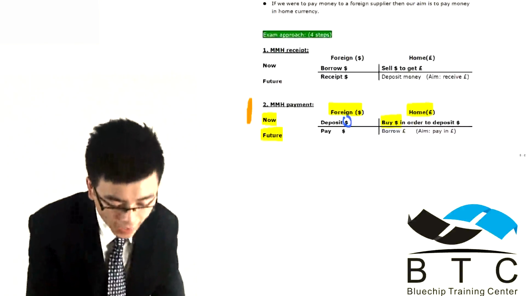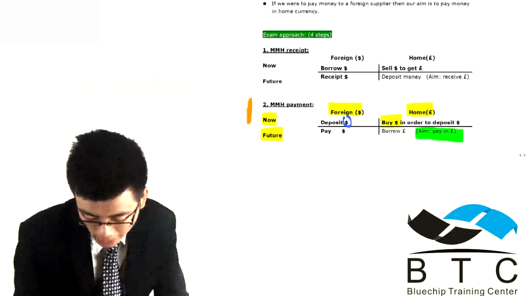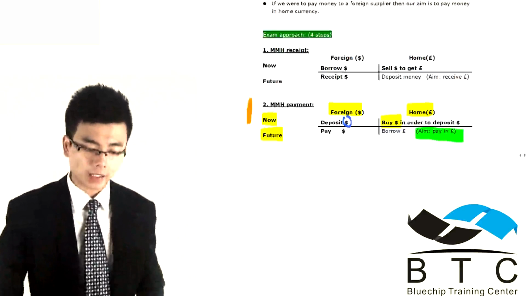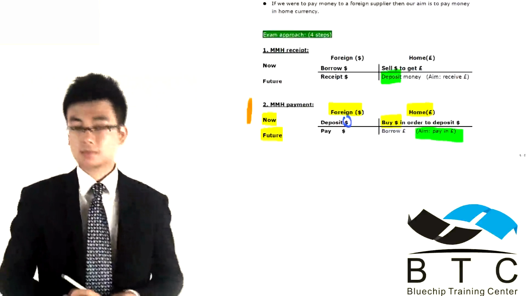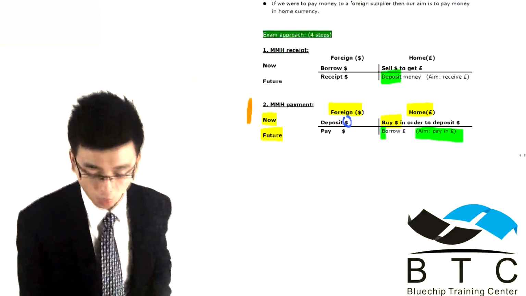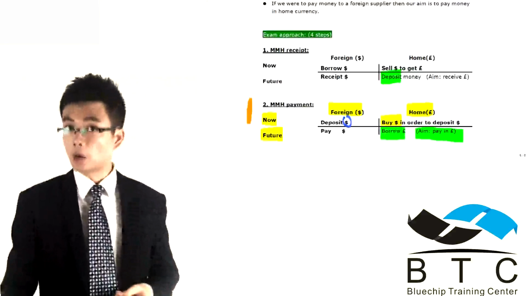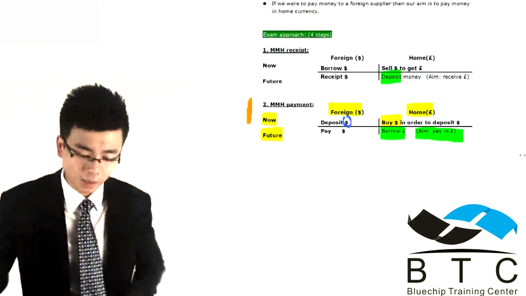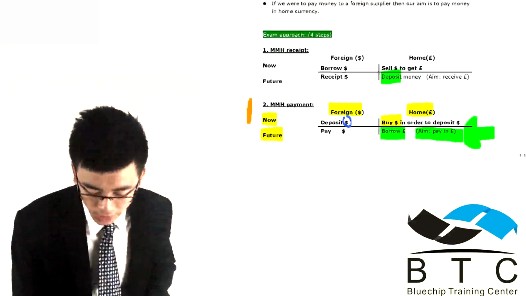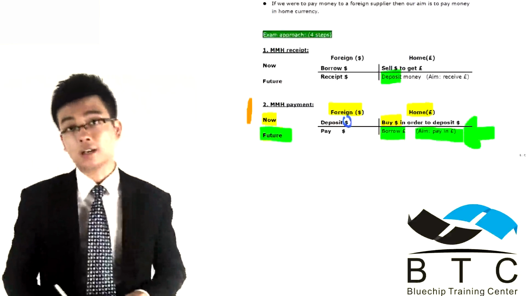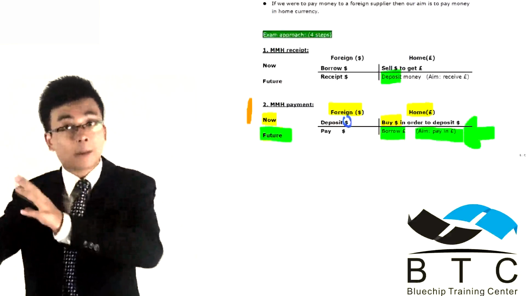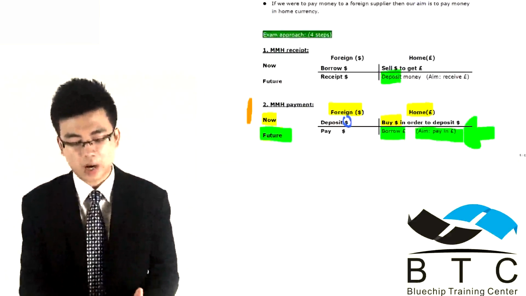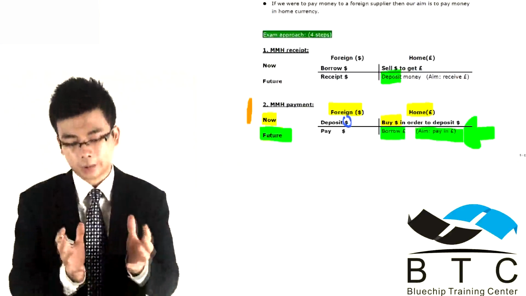Because our aim is to try to pay in pounds. Either we're going to deposit money to receive pounds, or we're going to borrow some money from our home market so that at some point in the future, we need to pay back to the bank denominated in UK pounds. So that's the reason why we're going to borrow the pounds over here.